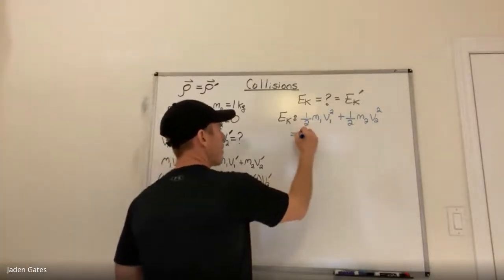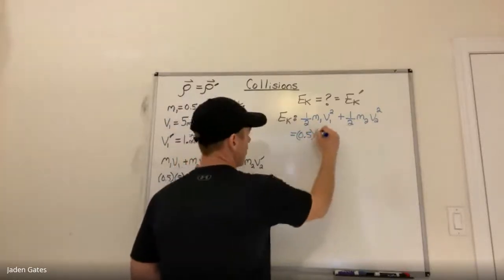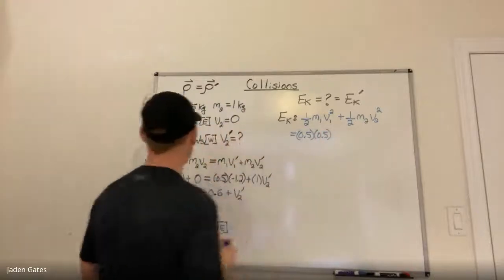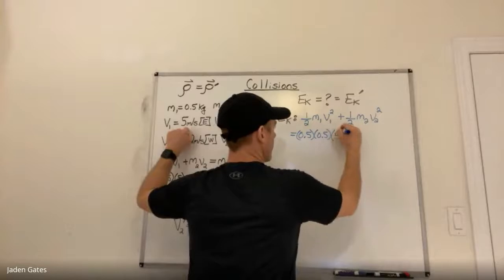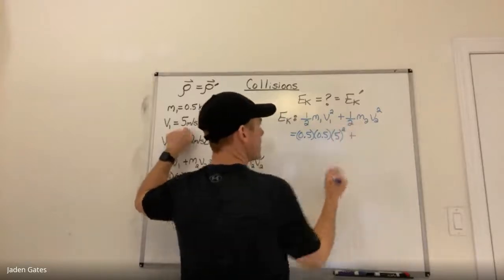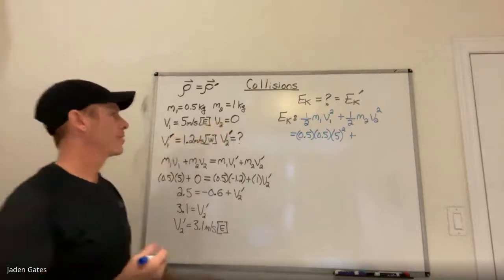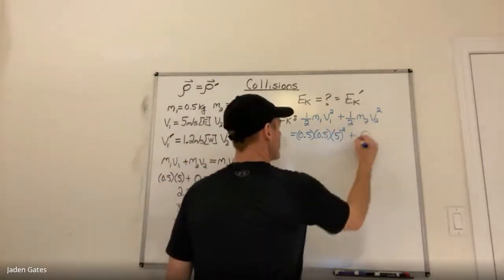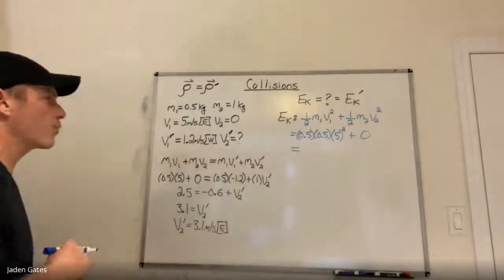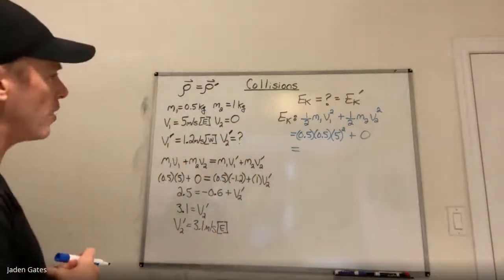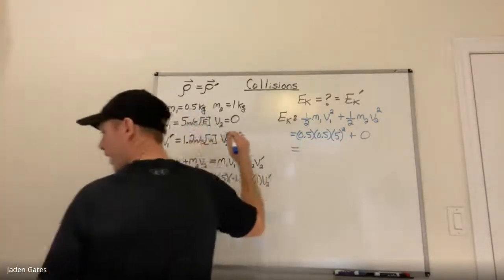Plugging in, I have 0.5 times m1, which is 0.5, times v1 squared, which is 5 squared. My second object had no velocity initially, so it has no kinetic energy. Taking 5 squared, that's 25. Half of that is 12.5. Half of 12.5 is, I believe, 6.25.